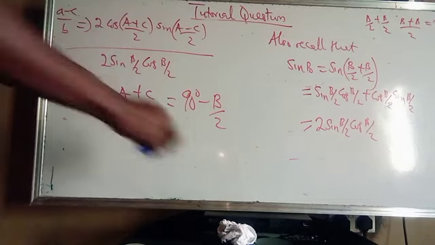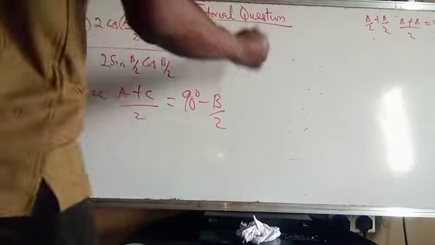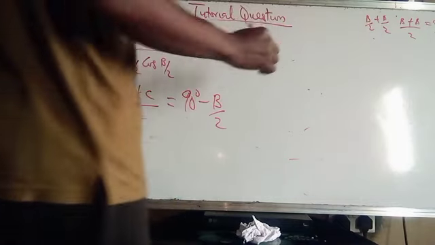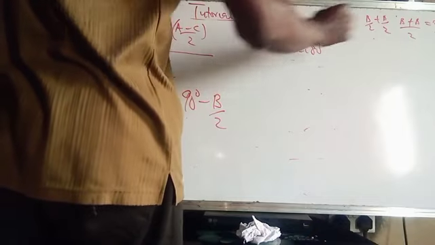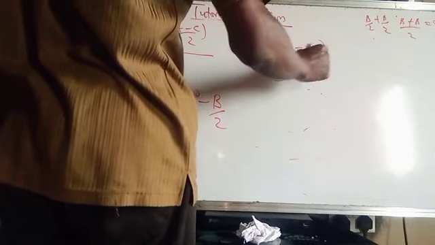How do we bring this in? Let me show you. If we say A plus B plus C equals 180 degrees, using our Napier's rule, and I divide through by 2, then (A plus B plus C) all over 2 will be equal to 90 degrees.